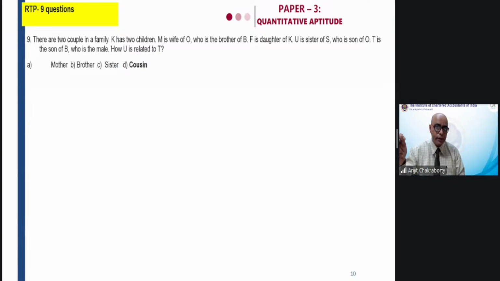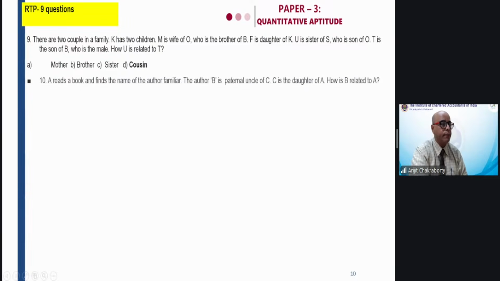Question is U and T. We are linking U and T. U's father is O, O's brother is B, B's son is T. So who is T? T is U's father's brother's son. Father's brother son means uncle's son, that means cousin. So question number 9, the relation is cousin, option D.